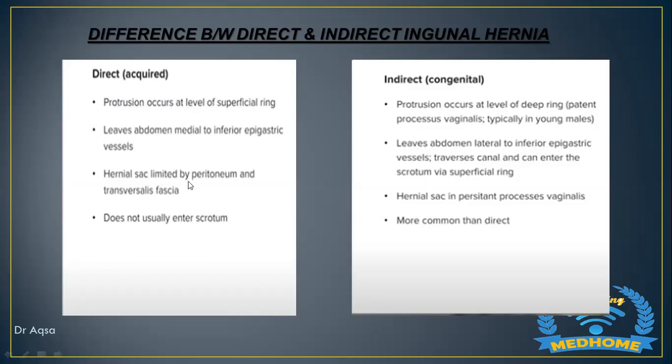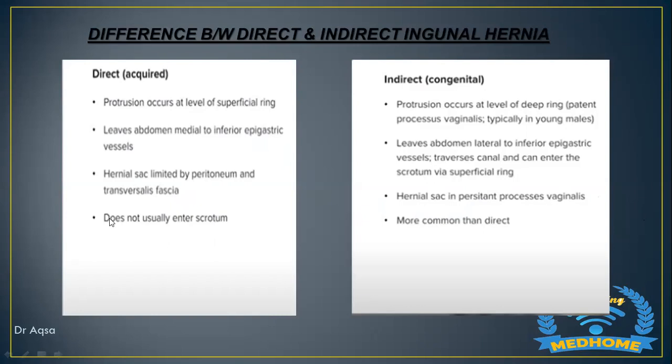In direct inguinal hernia, the sac is limited by peritoneum and the transversalis fascia. For indirect inguinal hernia, it is due to the persistence of the processus vaginalis at the level of the deep inguinal ring.